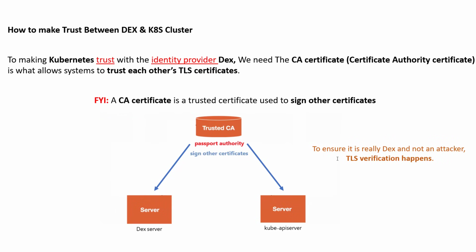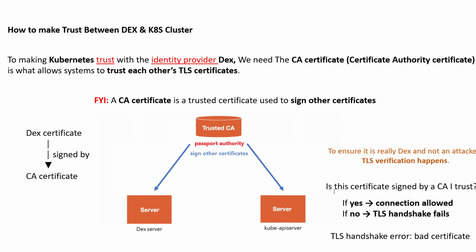To ensure it is really Dex and not an attacker, TLS verification happens. It will check, is this certificate signed by a CA I trust? Because this CA should be common between Dex and kube-apiserver.